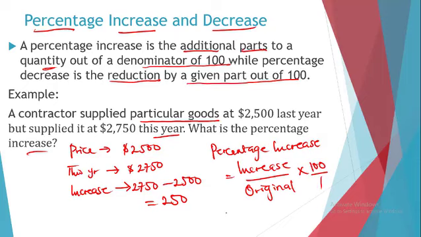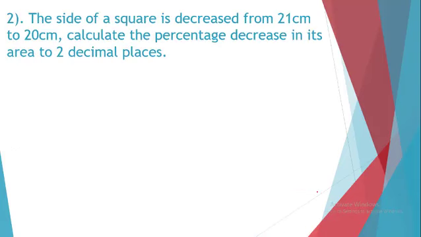That will give us 250 divided by the original price, 2,500, times 100 over 1, and we have our answer to be 10%. So the percentage increase is 10%.